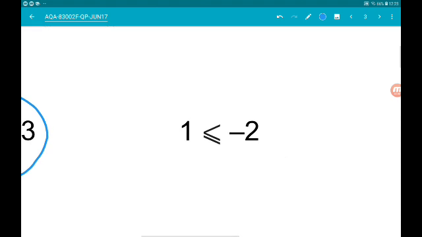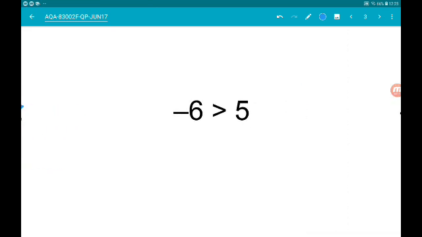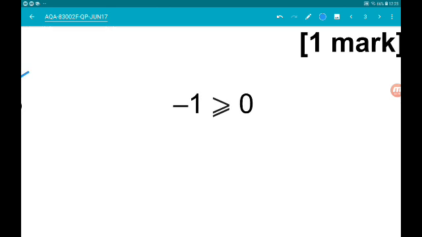Next one is trying to tell us that 1 is less than or equal to -2, which isn't true. That's trying to tell us -6 is greater than 5, not true. And this is trying to tell us that -1 is greater than or equal to 0, not true.